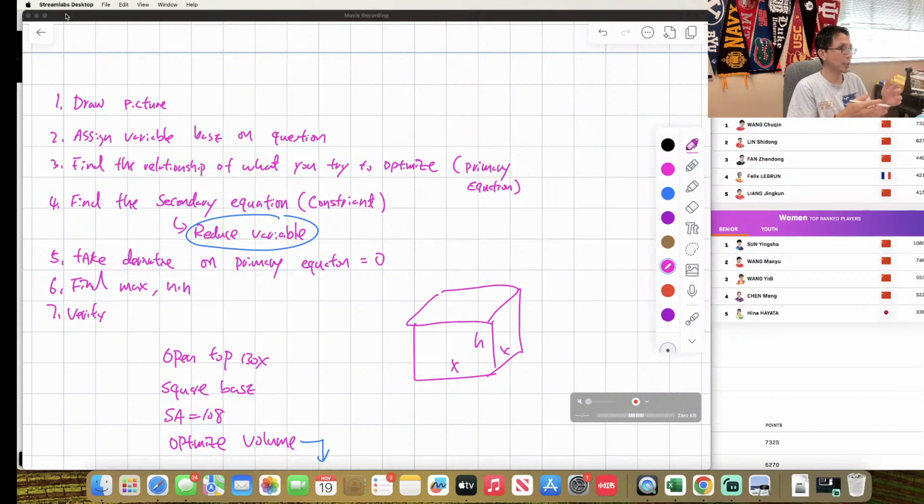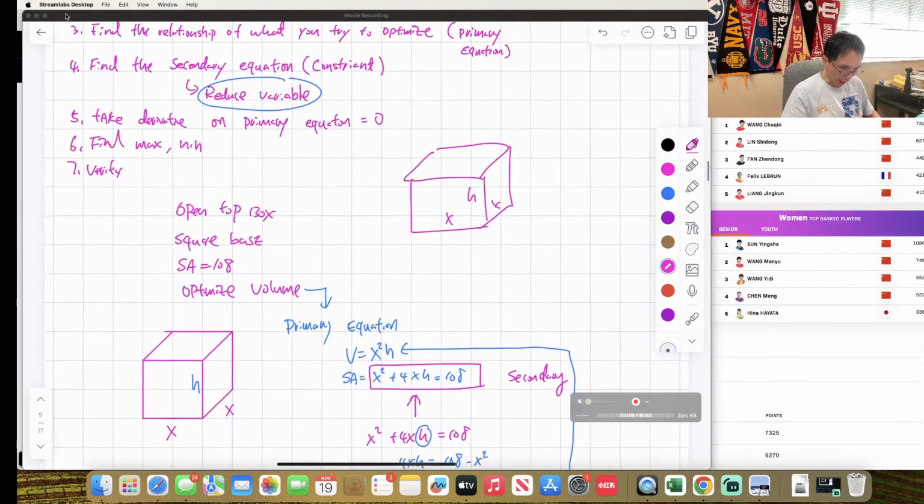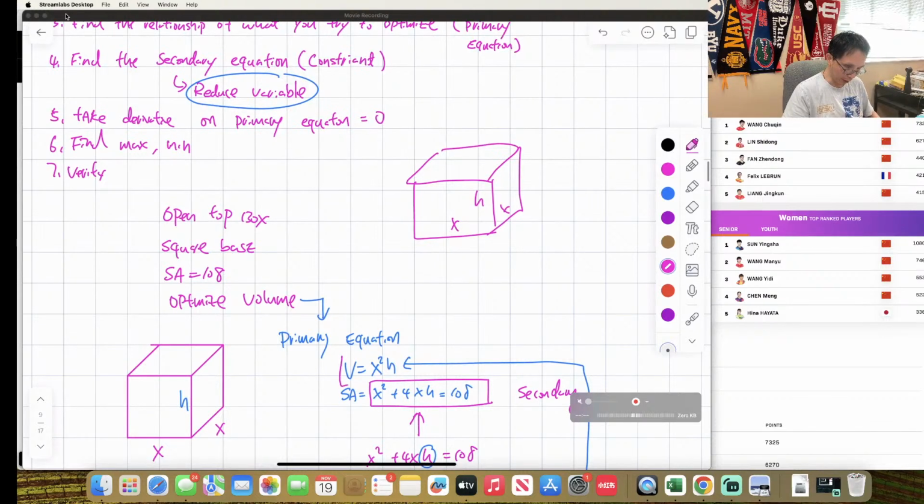That's what she did yesterday, and she was kind of confused. At first she used the same primary equation and the same secondary equation, and she plugged in, got a 0, and said, well, I don't know what's going on there. But we had to address that. What we're trying to optimize in this case is the volume. So if I have a volume equal to x squared h, on the exam, I'm looking for this.